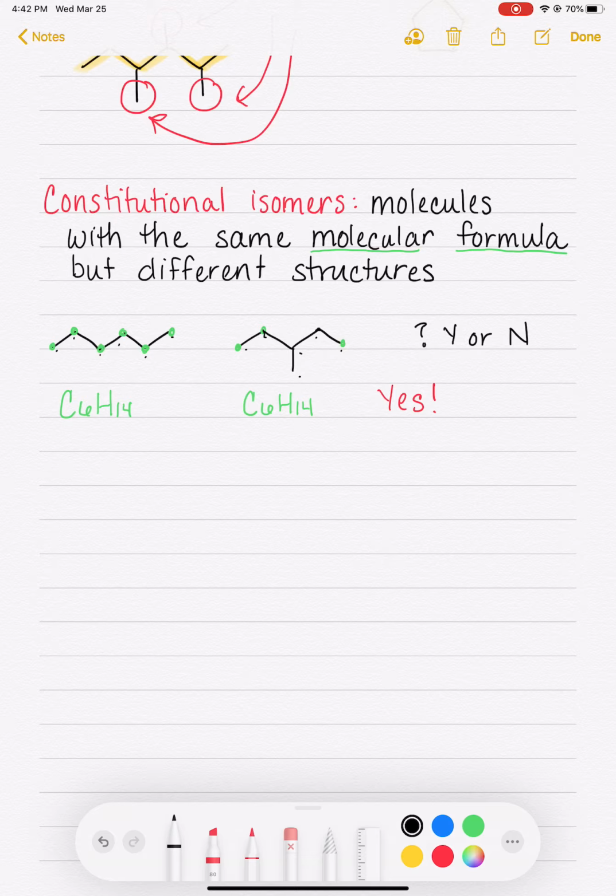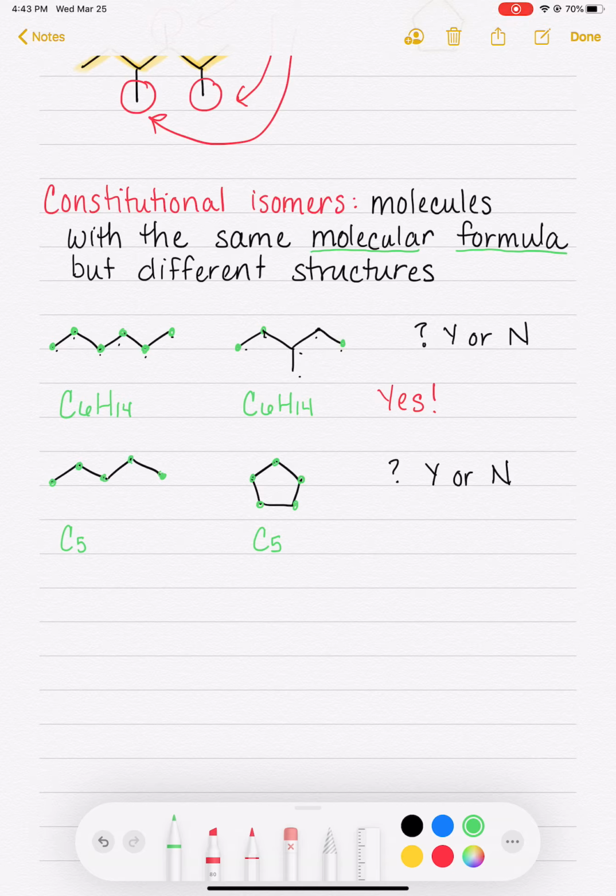Let's try another comparison. Let's do this versus this. Are these constitutional isomers? Yes or no? So first thing that we are going to do is count up carbons. 1, 2, 3, 4, 5. The one on the left is C5. 1, 2, 3, 4, 5. So they both are C5. They have the same number of carbons, so that's promising.